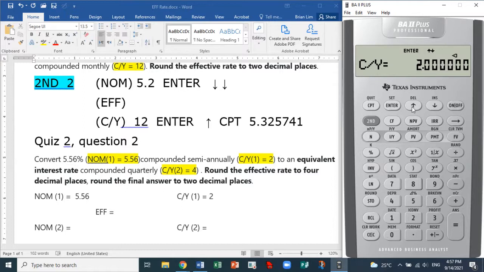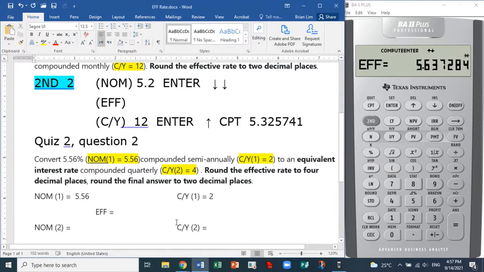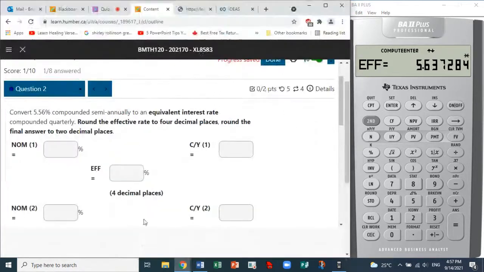And just as we did before, we go back up and click on compute for the effective. So the effective turns out to be 5.637284. Now it's advisable to enter all of these digits, and that is probably a good idea. Why? Because of the whole idea of preservation of accuracy.